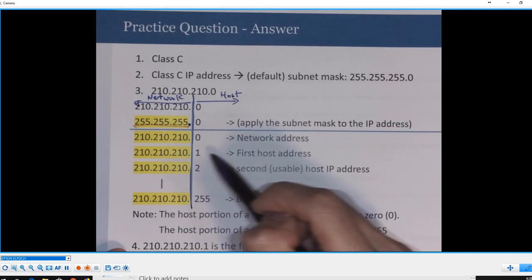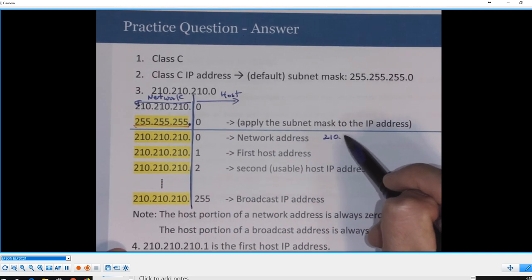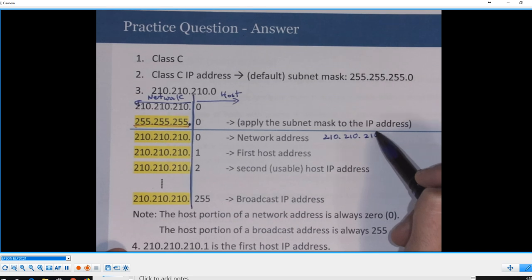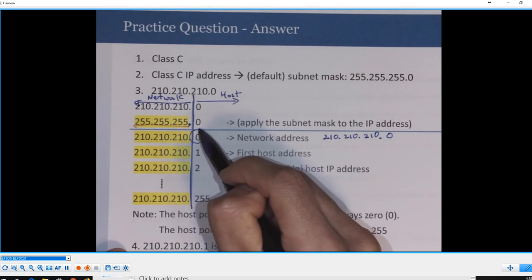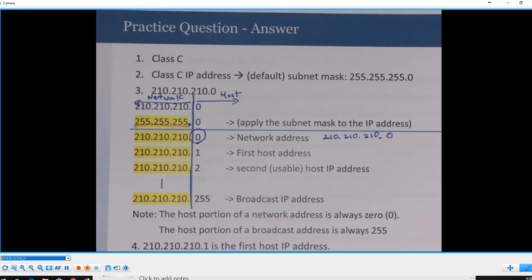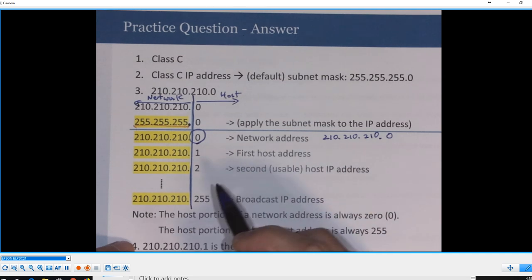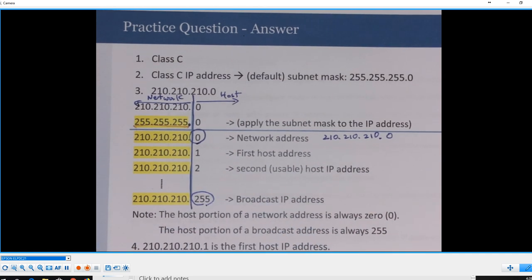And so the network address is 210.210.210.0, since this is the first IP address in the IP table. The first IP address is always reserved for the network address. And this is the last one. The last one is always reserved for what? The broadcast IP address, right?